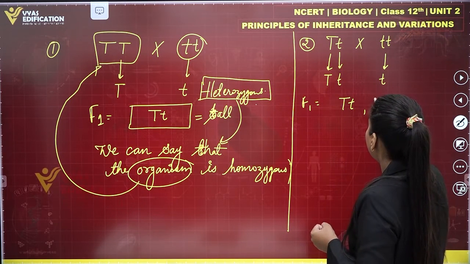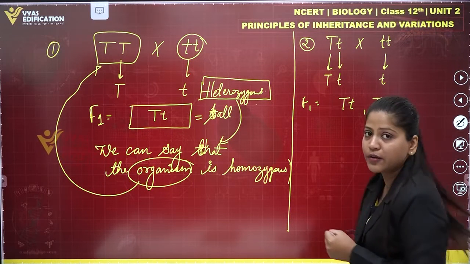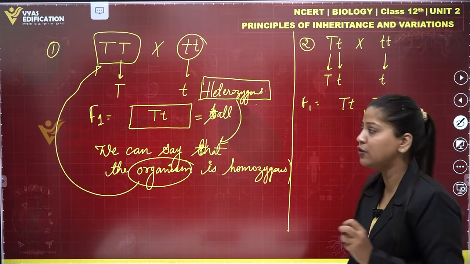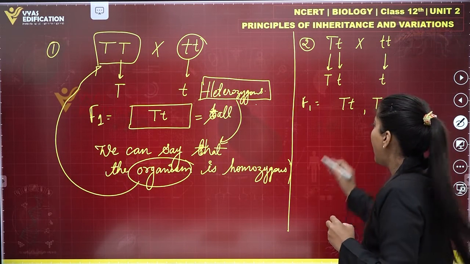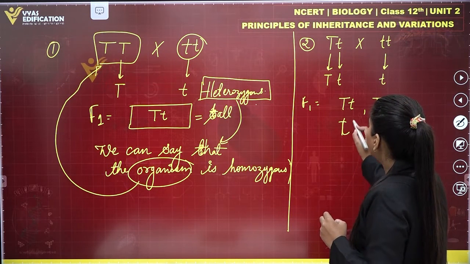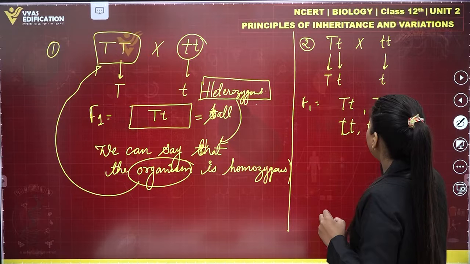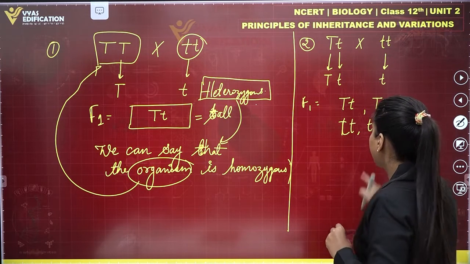Half of the progeny in the F1 generation will be heterozygous, and half of the progeny in the F1 generation will be homozygous in condition.